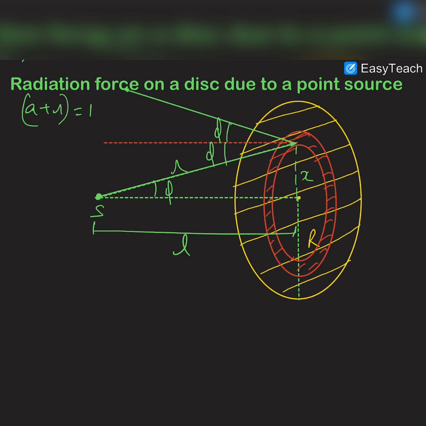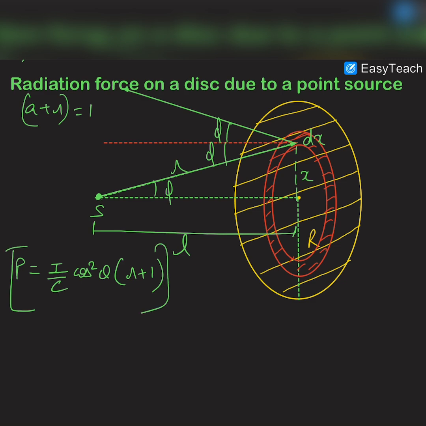So to integrate, we first of all assume a strip which is a ring of width dx, and the radius of the ring is x. So we have already studied that radiation pressure when light is obliquely incident on any surface is I by c into cos square theta into r plus 1. This we have already studied previously and you can refer to that video.